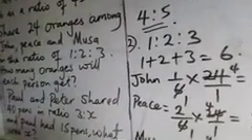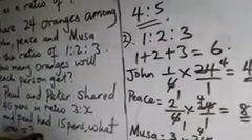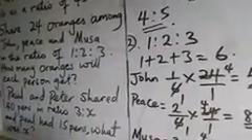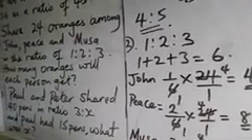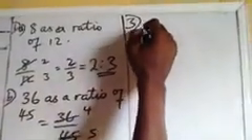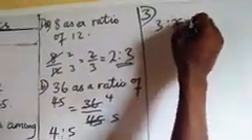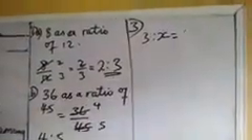Number 3. Paul and Peter shared 40 pence in ratio 3:x, and Paul had 15. What was x? So we have 3:x, and the total is 40.